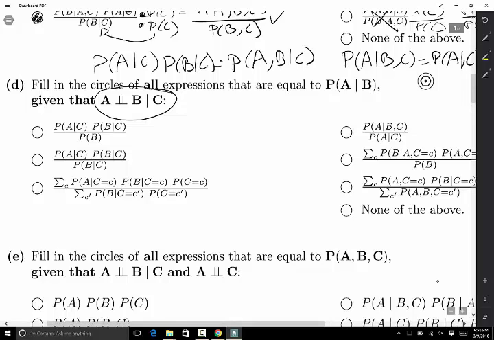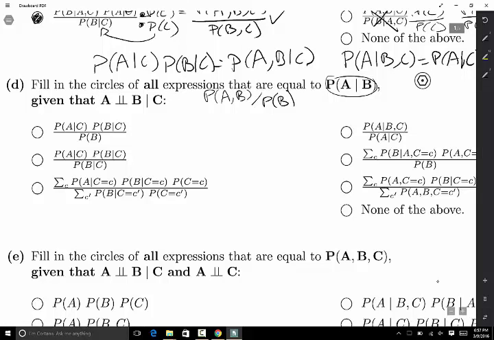And we're trying to find expressions that are equal to probability of A given B, which, as we know from Bayes' rule, is equal to probability of A and B divided by the probability of B. For the first option, we have probability of B on the bottom, which is good. The top is equal to probability of A and B given C. So we're not going to be able to lose this C here in order to get the expression we actually want.